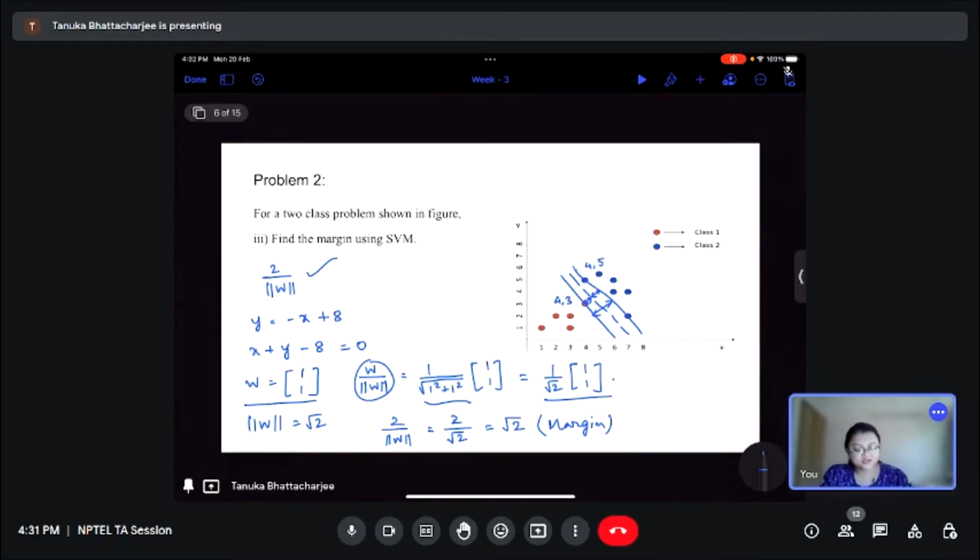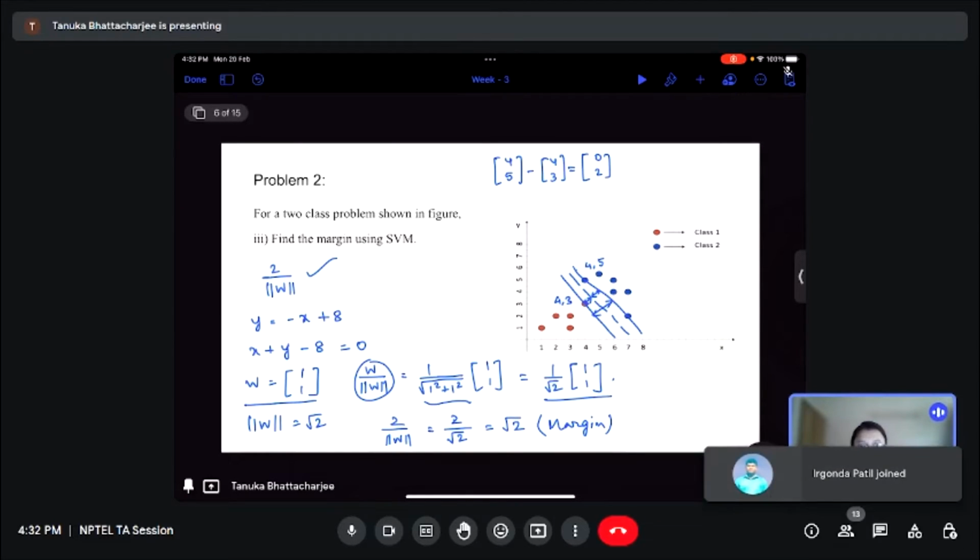The vector joining 4 3 to 4 5 is given by 4 5 minus 4 3, which is 0 2.